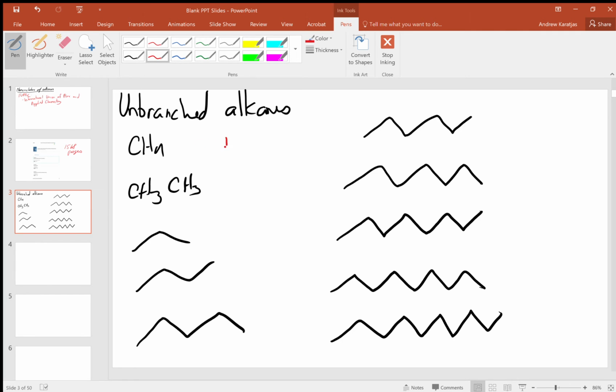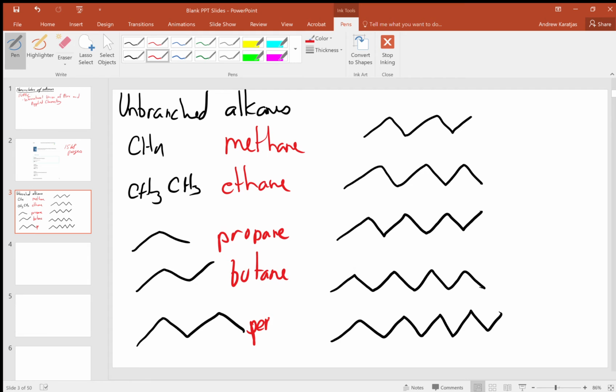But we start with methane, ethane, 3 carbons is propane, 4 carbons is butane, 5 is pentane. So once we get to 5, you can see we start to use the types of prefixes you're used to with numerical.